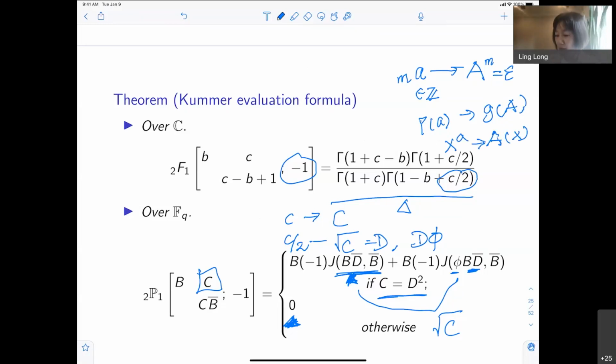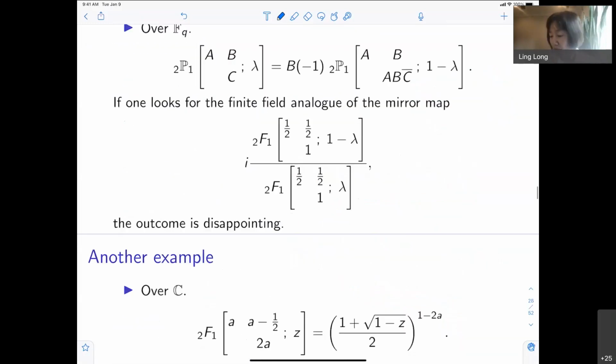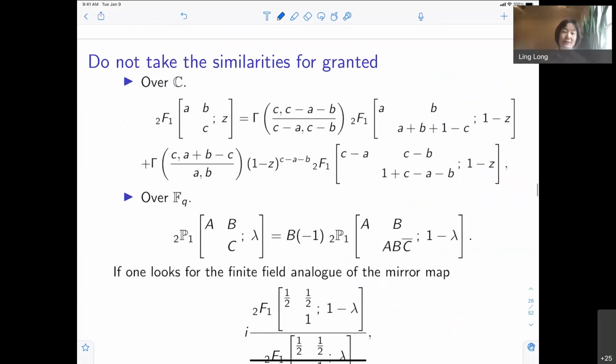However, the warning I'm giving you will be, do not take the similarities for granted, right? So for example, on this page, I'm showing you another, what's called the Kummer relation. The Kummer relations, there are 24 of them.